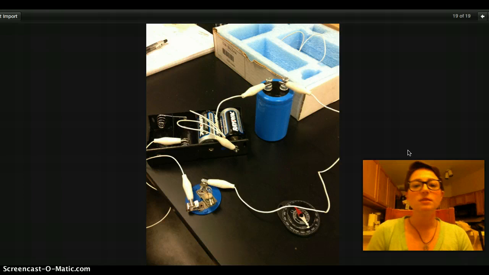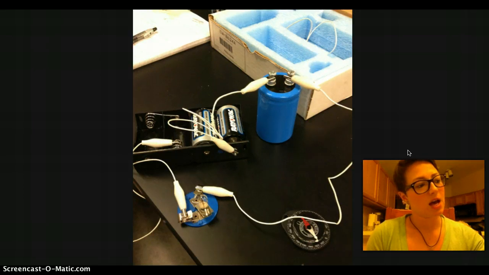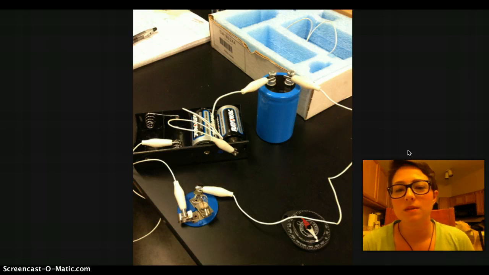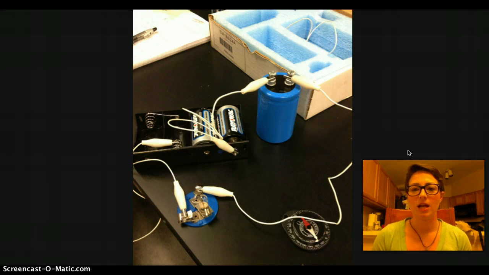Okay, here's the one with the capacitor, and that one's a little harder for me to grasp. I don't know if it is for everyone else. I did some research on it, and the basic gist I got from it is that it's kind of like a dam when you've got a flow of current.